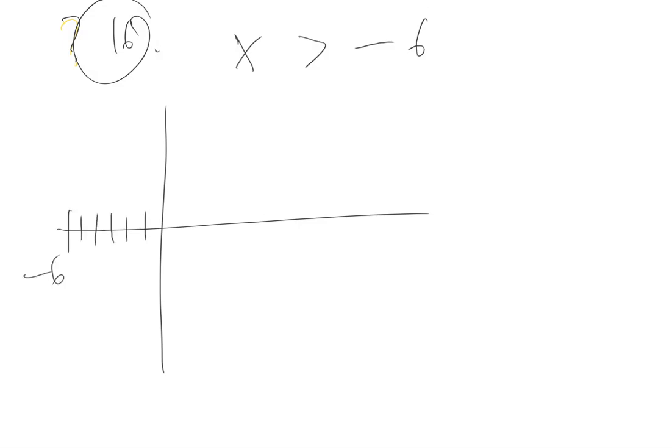Then you're going to make an open dot because it doesn't say equal to negative 6. Then you're going to make a vertical dashed line. So go straight up or straight down and then click another point and then make sure it's a dashed line and then the computer will graph it for you. And then it says x is greater than negative 6.